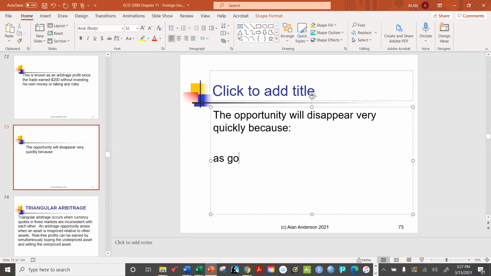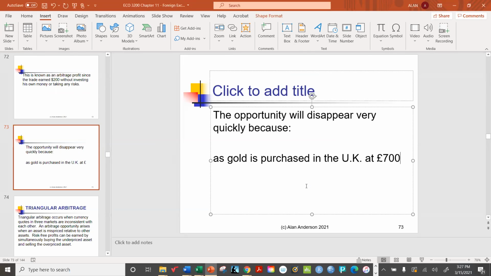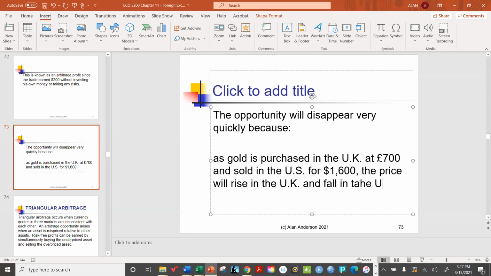because as gold is purchased in the UK at $1,400, well, actually, what I should say is 700 pounds, and sold in the US for $1,600, the price will rise in the UK and fall in the US until they're equal after taking into account the exchange rate.